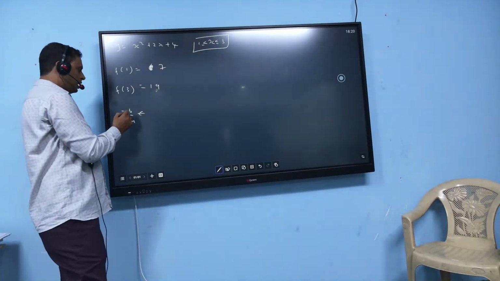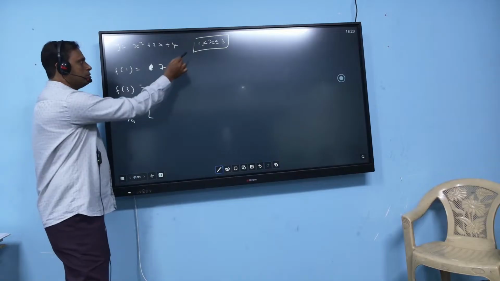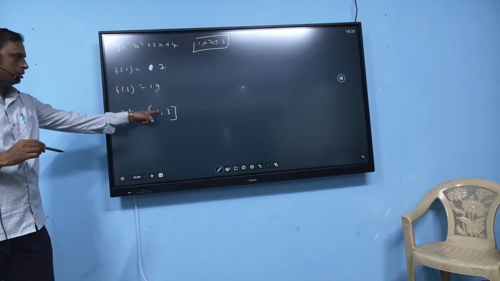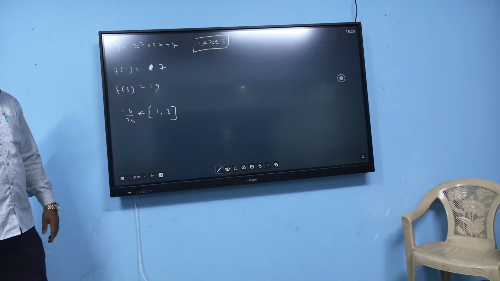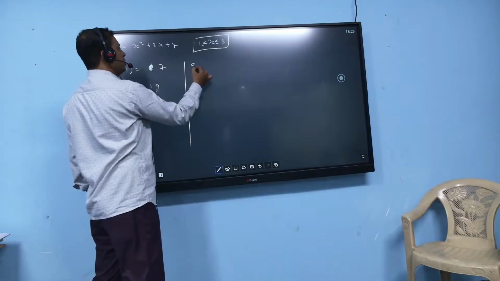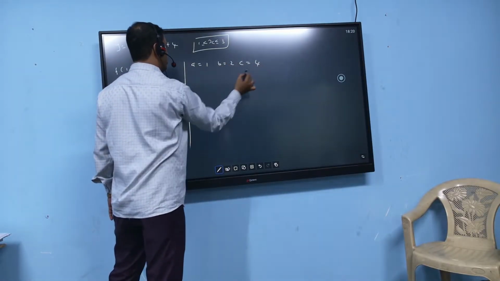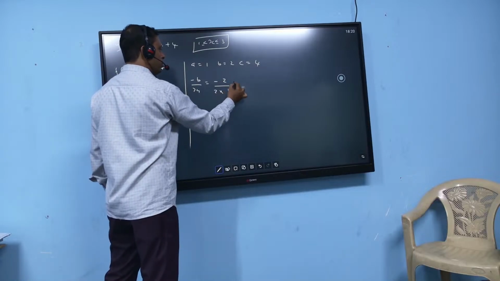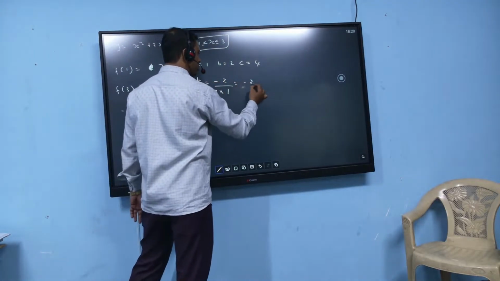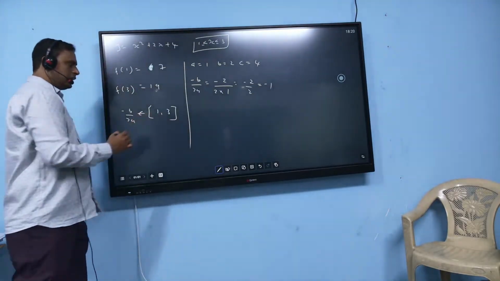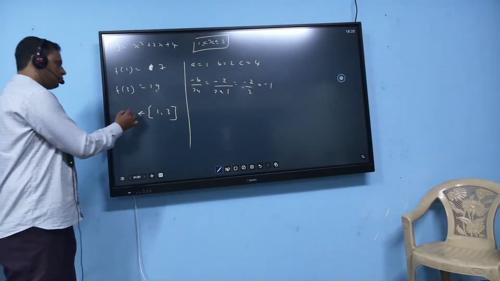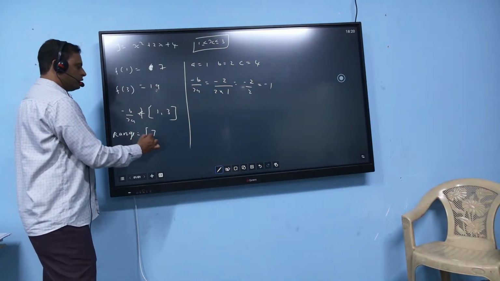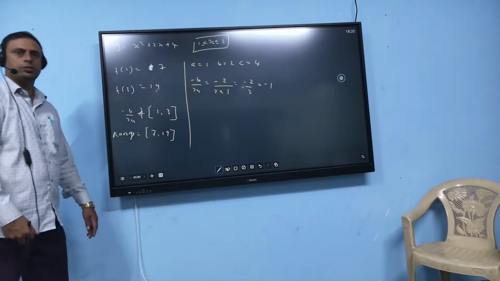Okay, now check whether minus b by 2a belongs to the range of 1 comma 3, the value we get for minus b by 2a, is it between 1 and 3? Check. How to check? a is equal to 1, b is equal to 2, c is equal to 4, minus b by 2a is minus 2 divided by 2 into 1, which is nothing but minus 2 by 2, minus 1. Minus 1 does not belong between 1 and 3, so the range you can take is 7 to 19.